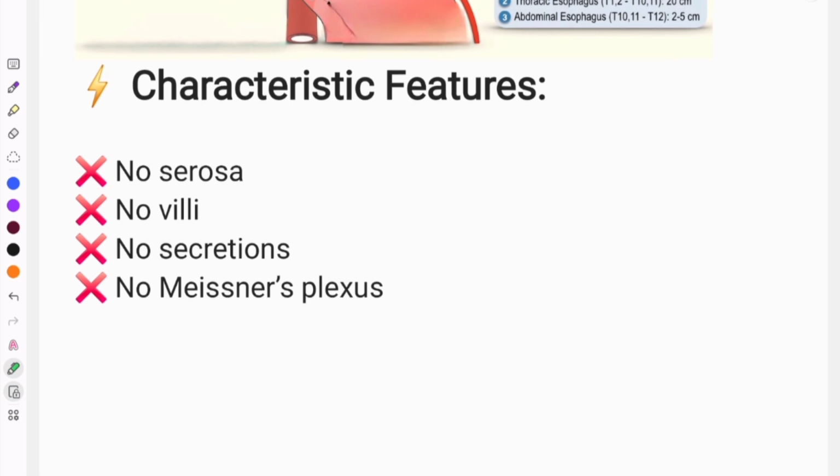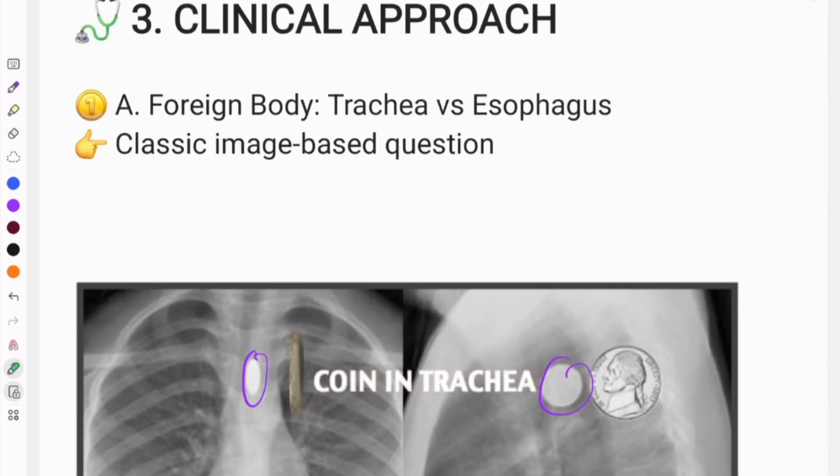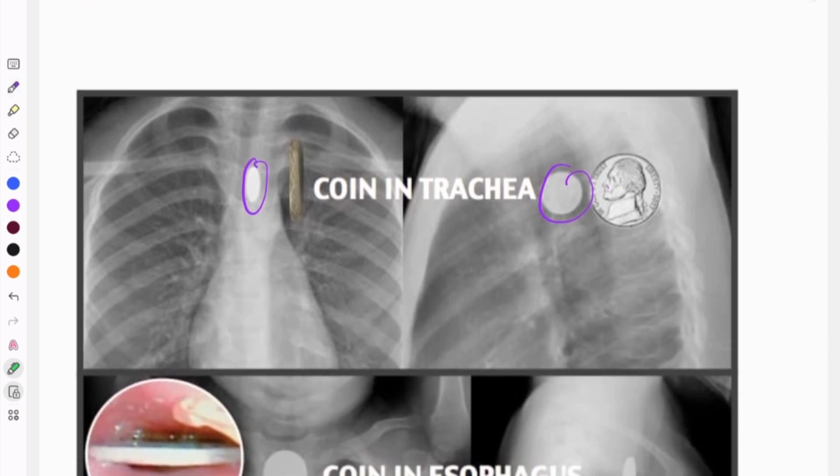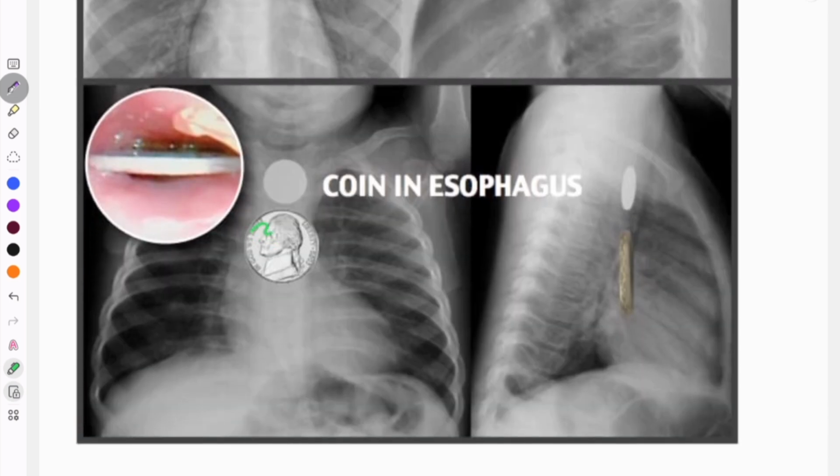Let's look into some clinical approach. Foreign body in trachea versus esophagus. It is a highly tested topic, especially clinical image-based questions. Coin in trachea: you can see the edge in PA view and the flat surface in lateral view, and flat surface in PA view and edge in lateral view represents the coin in esophagus.